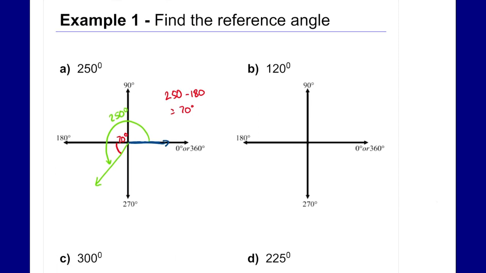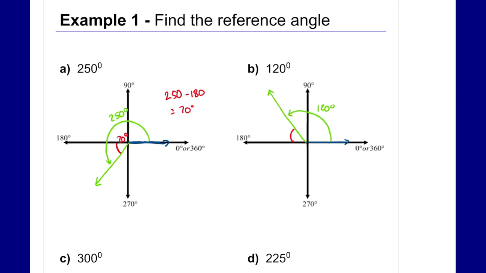For 120, again, I draw my initial arm here. 120 is going to be somewhere around here. So there's my terminal arm. I'm going to draw the 120. So 120 degrees. The reference angle is going to be to the closest x-axis, so this angle here.